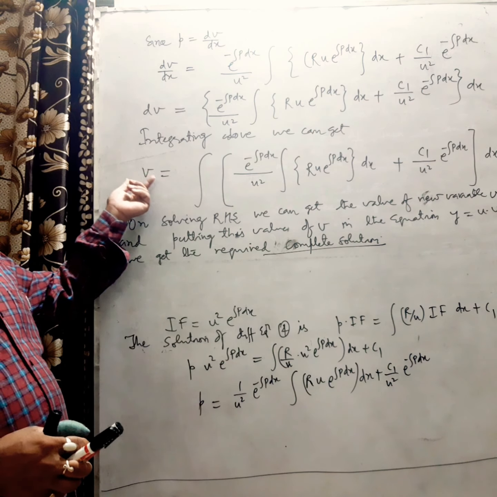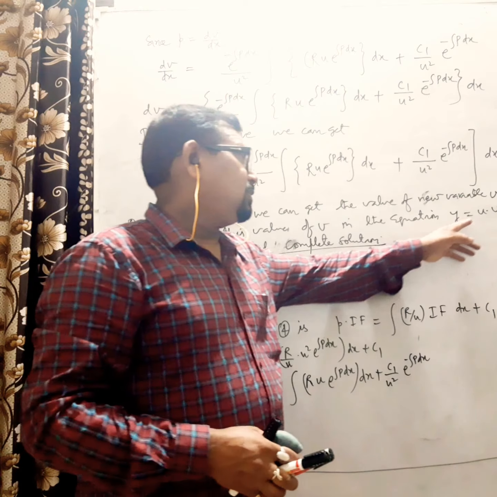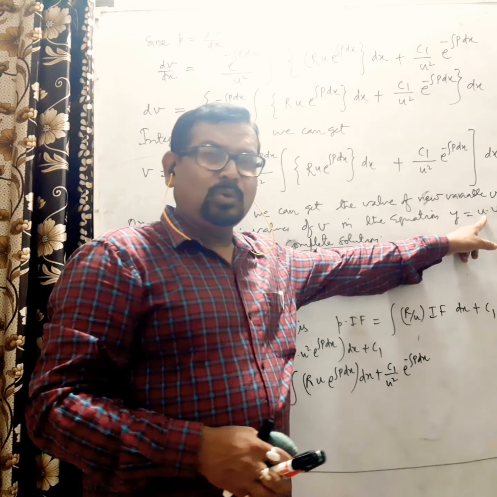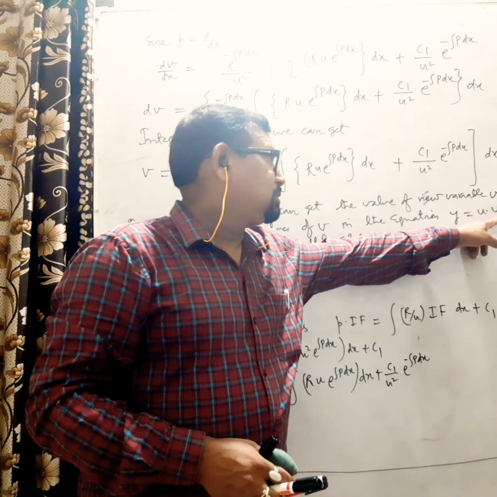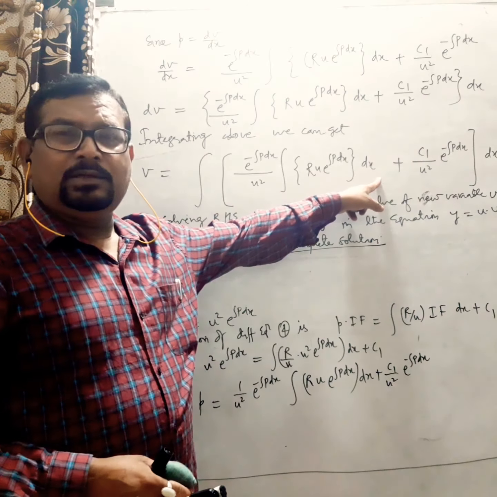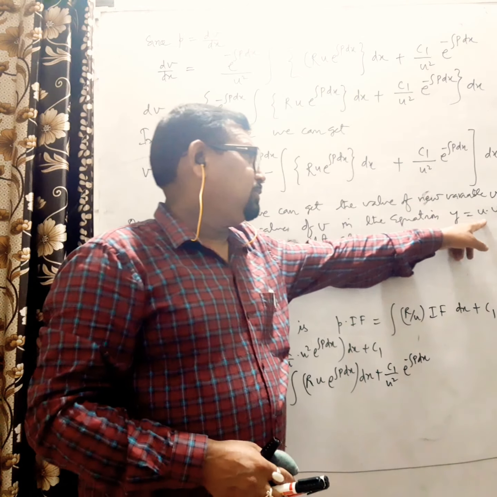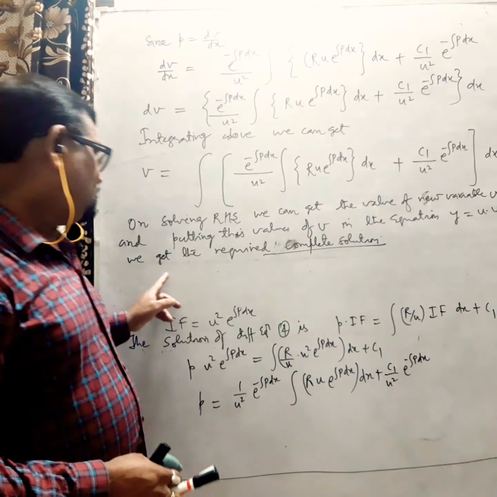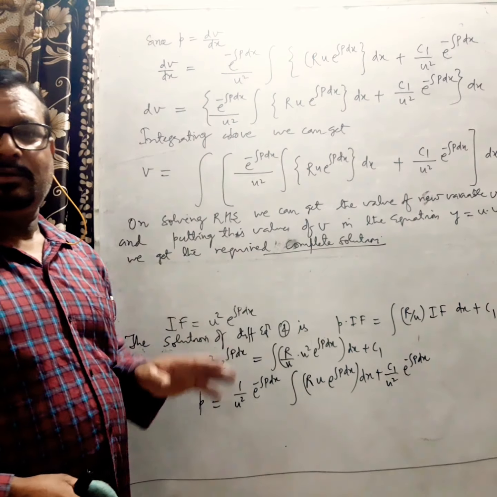Putting this value of v in y is equal to u into v, u is known and v is obtained here, and this y is equal to u into v will constitute the required complete solution.